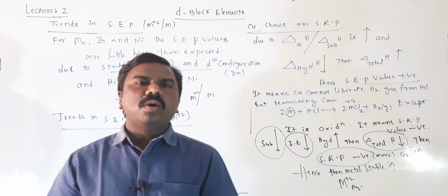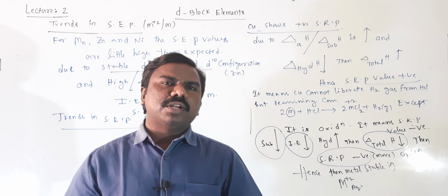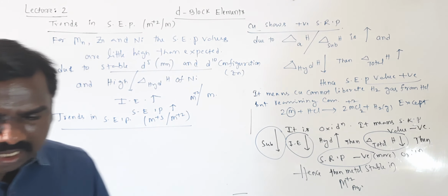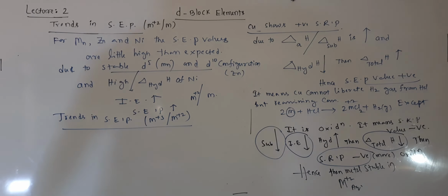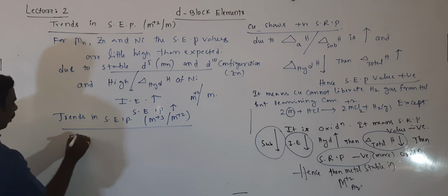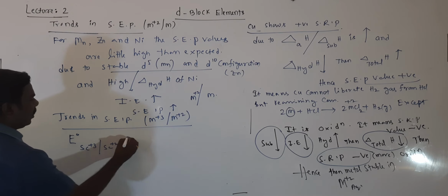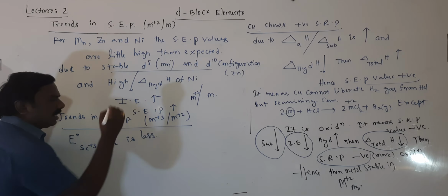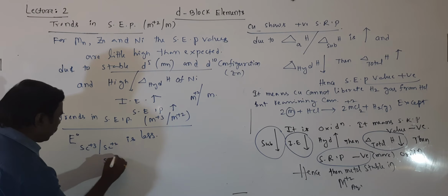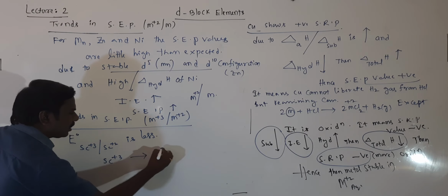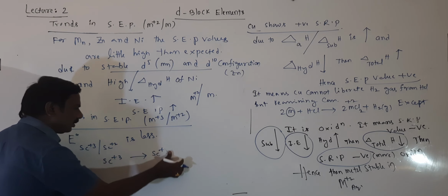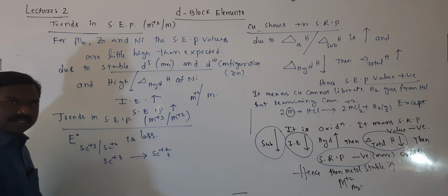In that, how are the standard electrode potentials affected? So we can say that E naught of Sc plus 3 to Sc plus 2 is less. Less means Sc plus 3 converted into Sc plus 2, plus 3 to plus 2.